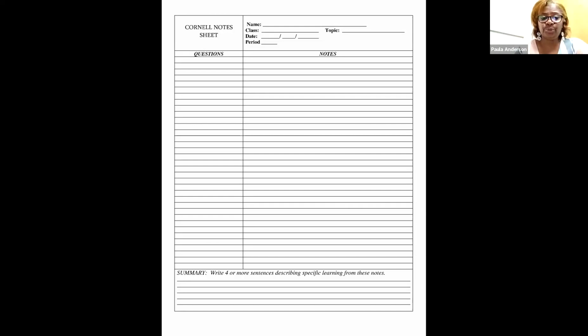It was a managerial economics course, and I had to learn a certain amount of information on a week to week basis. So I used Cornell Notes so that I could read the book that we were using as part of the foundation. And then I made notes so that when I got ready to take the test, I could use those notes to help me with my testing.